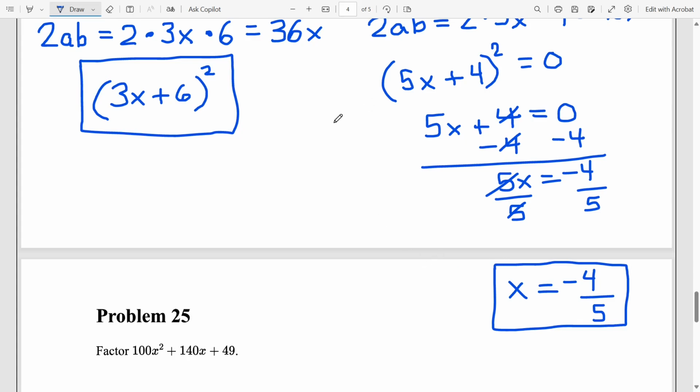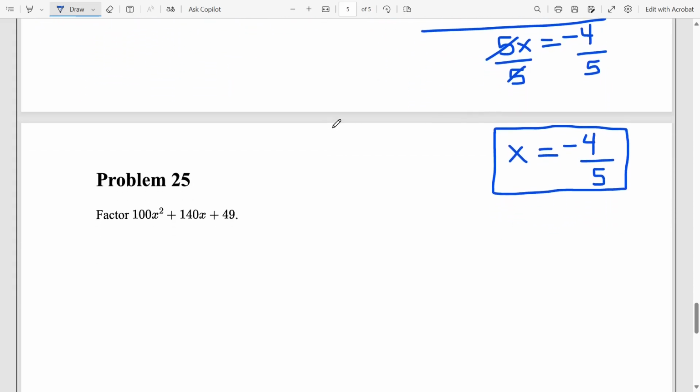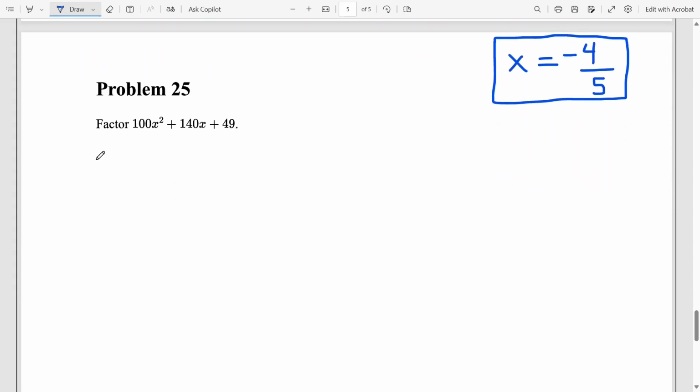Last one. Looks like another perfect square trinomial, but let's check. So I'm going to check that by saying a squared is going to be the first term, so 100x squared. B squared is going to be the last term, so 49. To solve for a, I need to take the square root of a squared.